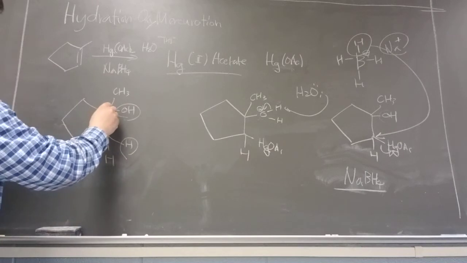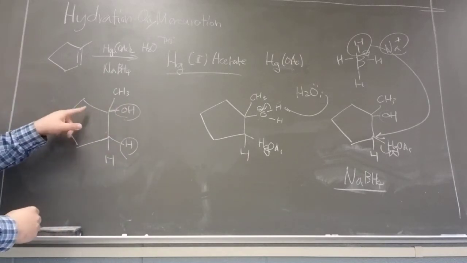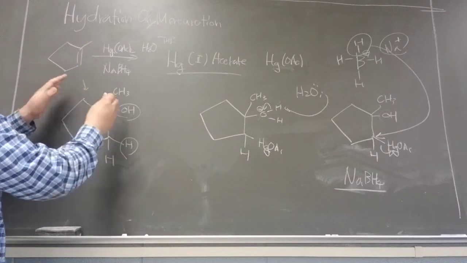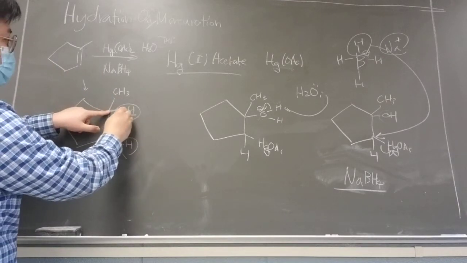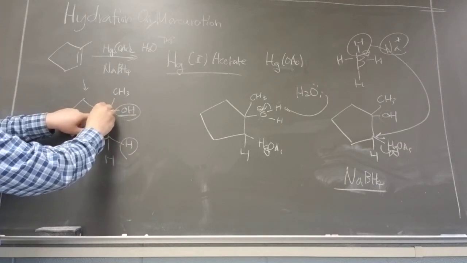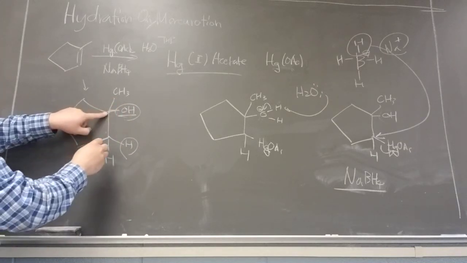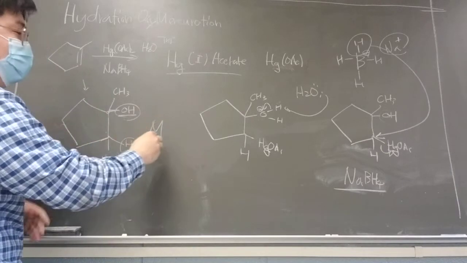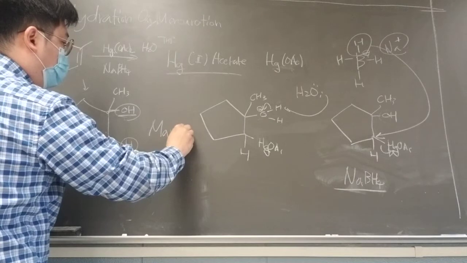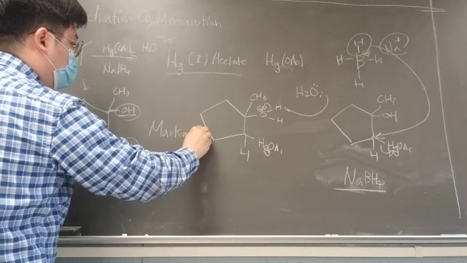And then I just want you to remember this one. In this oxymercuration process, the hydroxy group will be on the more substituted carbocation position here. So this also follows the Markovnikov rule.